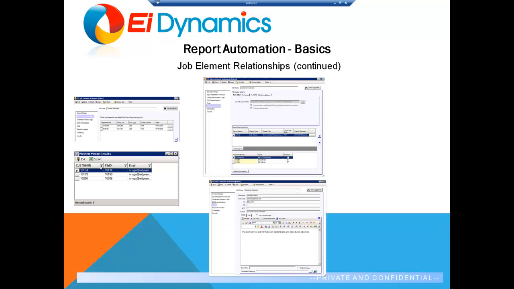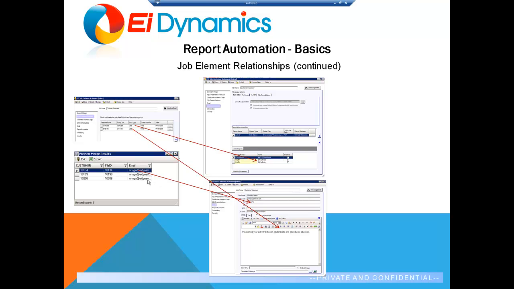If we go to this screen and we re-review, now not only do we have our parameters and the query results, and we've got our report tab, we've also got our email tab. So we're going to be using not only our global parameters for the report, but we're also going to be using them in our email down here as well. So you can see that these parameters are going to be used in a number of different areas in this particular job.